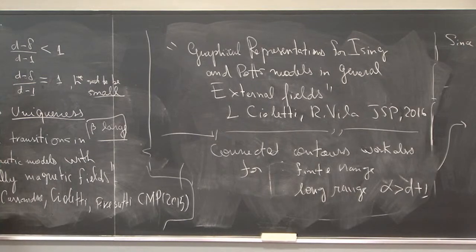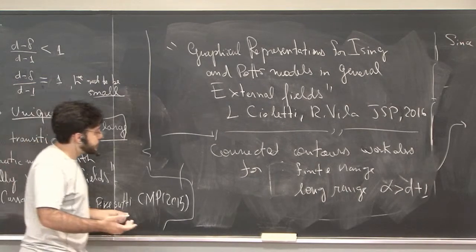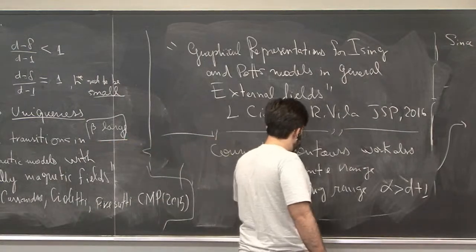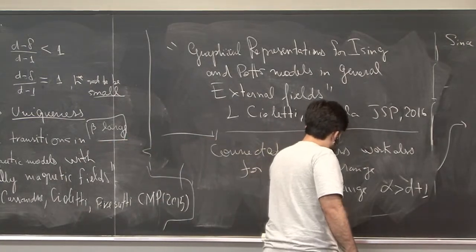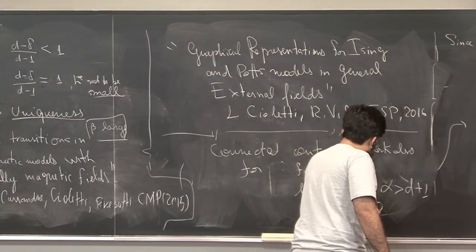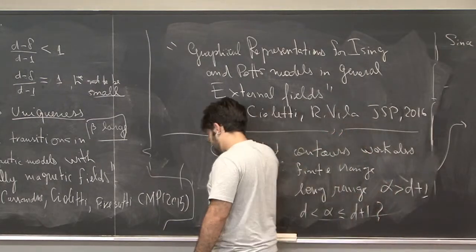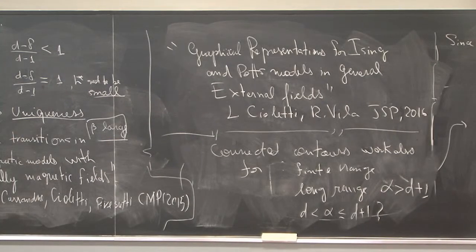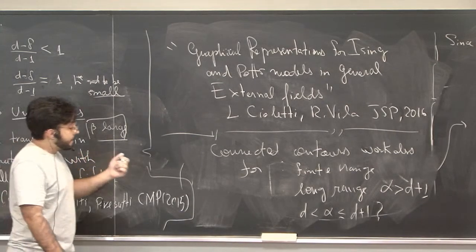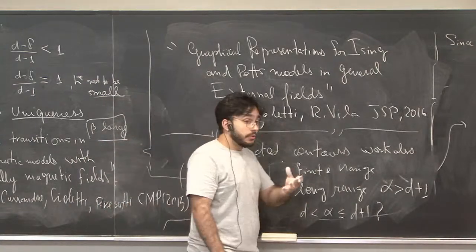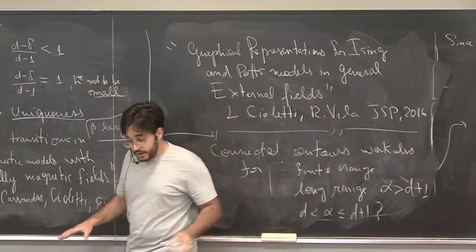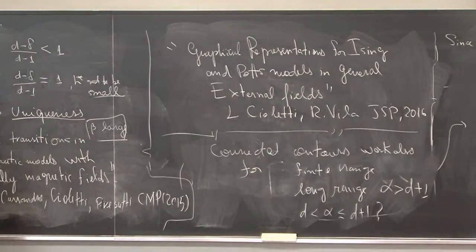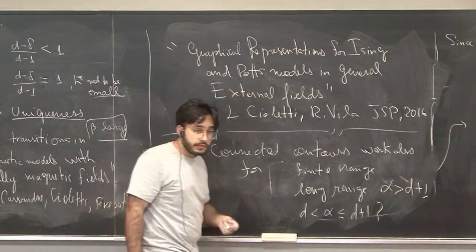you may ask what happens in the regime alpha between d+1 and d. So for the zero field case, the case with no magnetic field, you can use the Griffiths inequality to infer phase transition.